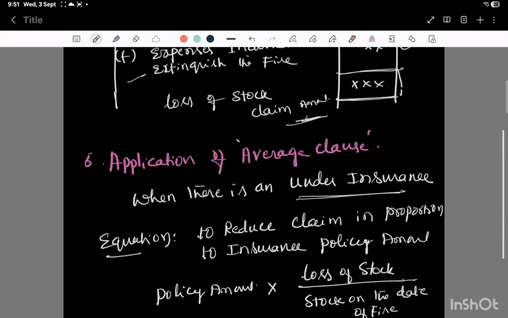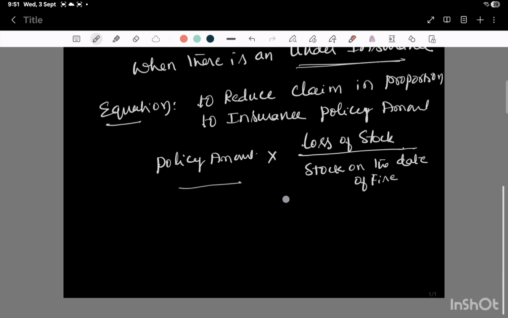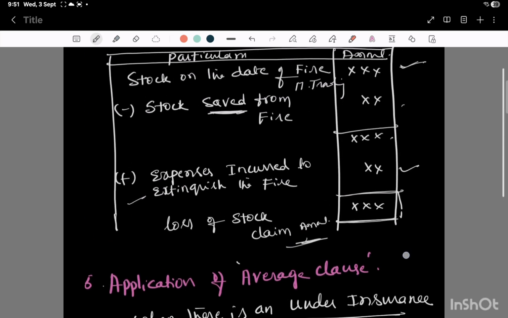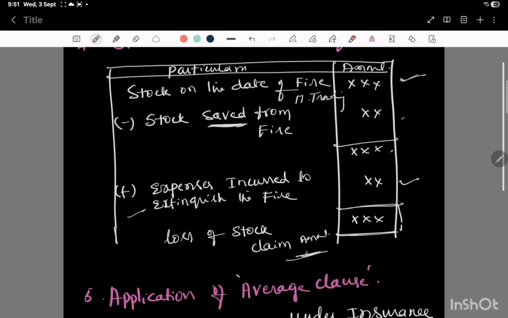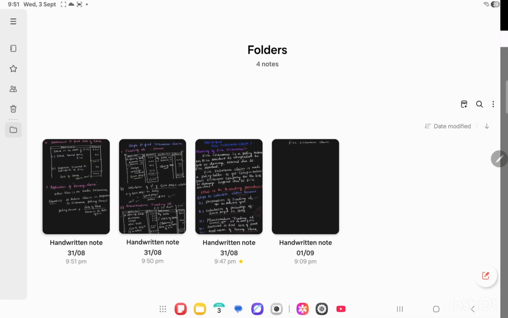For that you have to apply this equation: policy amount into loss of stock divided by stock on the date of fire. This equation helps to find the exact claim amount according to the value of stock that was in the godown. So this is how you calculate the claim amount under fire insurance problems.